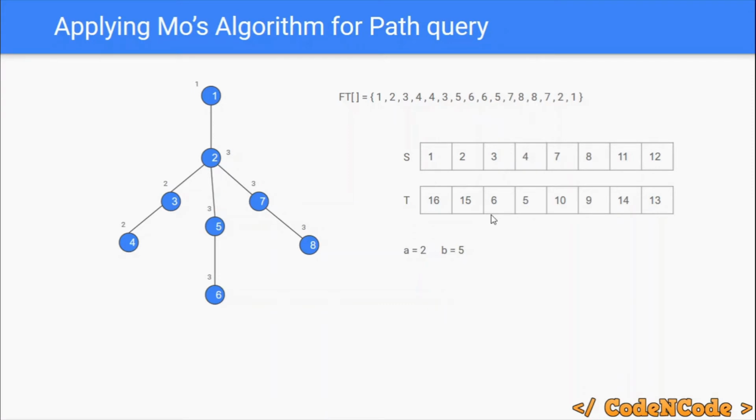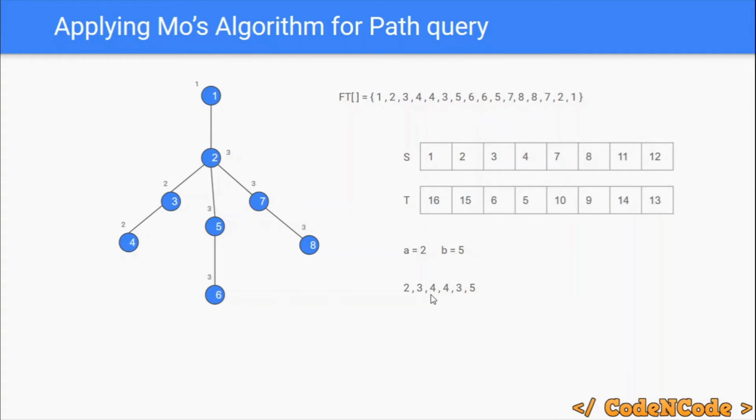Now again, as explained, for the first kind of query, L becomes starting time of A and R becomes starting time of B. So starting time of 2 is here, starting time of 5 is here. So the total number of nodes from starting time of A to starting time of B are these. But we expected only nodes 2 and 5, but this is what we get. We are getting 3 and 4 as well.